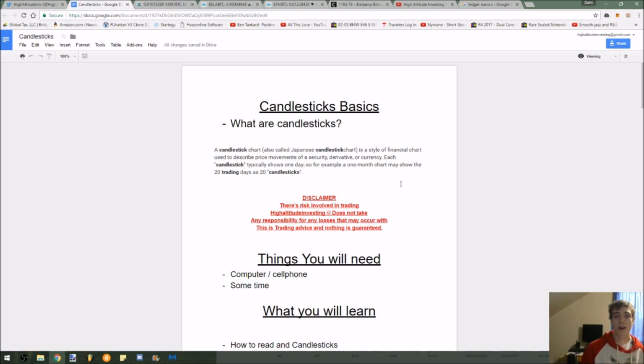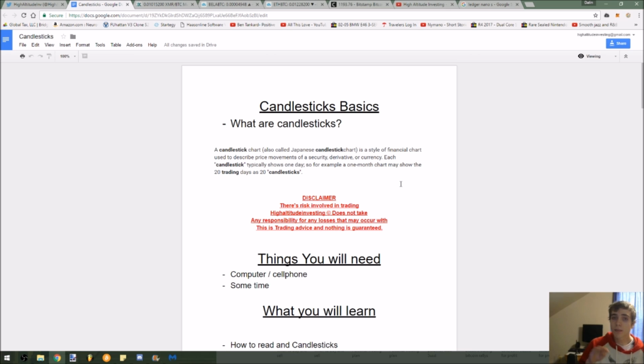So what are candlesticks? Well, candlesticks were invented by the Japanese, and it's basically just a different way to show price movement inside of a market. Before candlesticks, what we would have is moving averages, right? So you would see the average price movement, because it's just lines, okay?